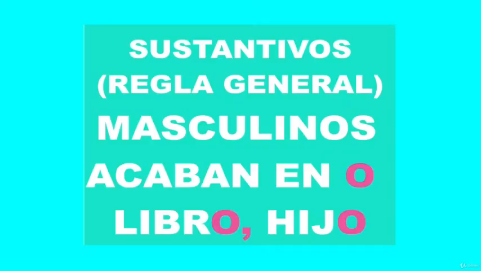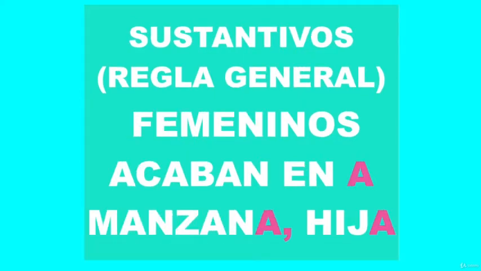As a general rule of thumb, nouns that end with an O, libro, book, or hijo, son, are masculine, and nouns that end with an A, like manzana, apple, or hija, daughter, are feminine.